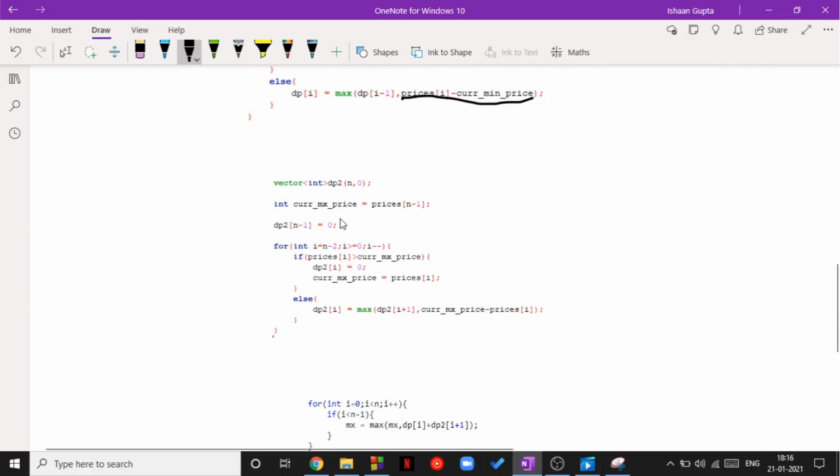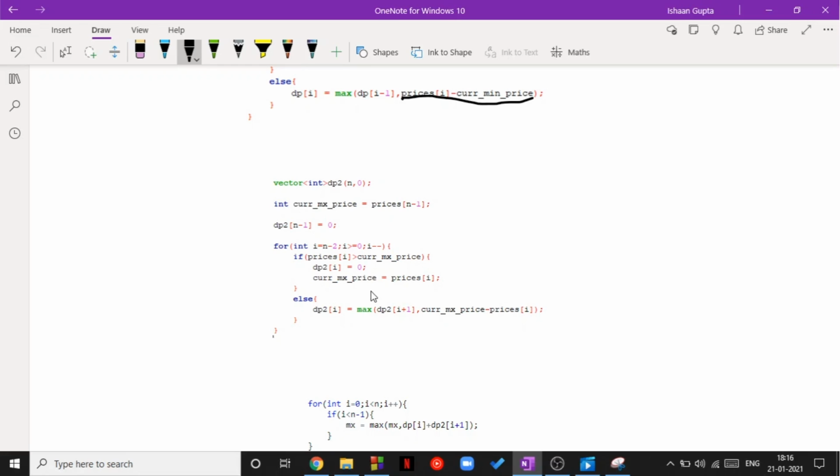So here, as you can see, I have assigned current maximum to the last value, and DP of n minus 1 is 0, which means if I am ending my transaction at the last day, then my profit will be 0. Then I iterate from the last to the first value, and check if the prices of I is more than current maximum price.